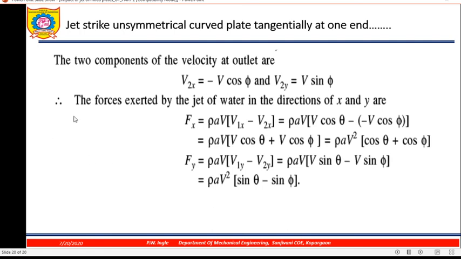So this completes the impact of jet on a stationary fixed plate for different cases. Today we will stop here.